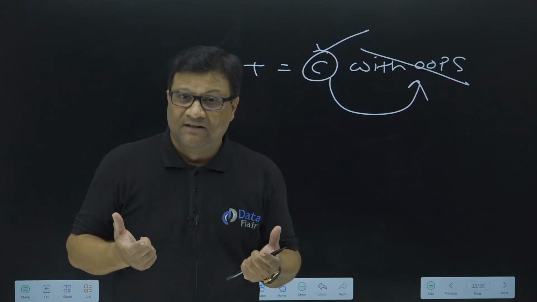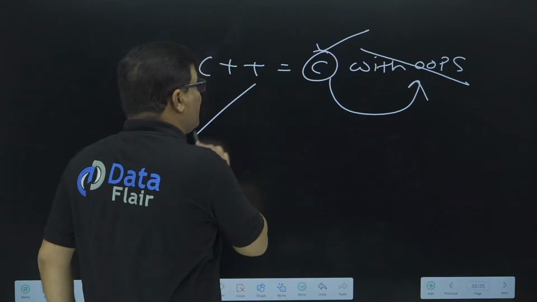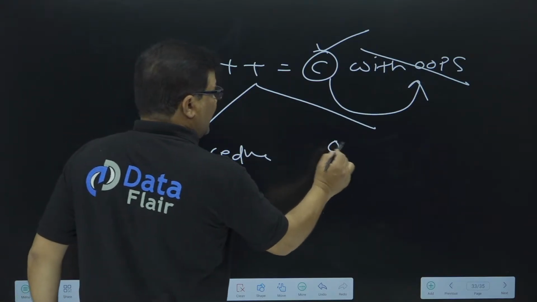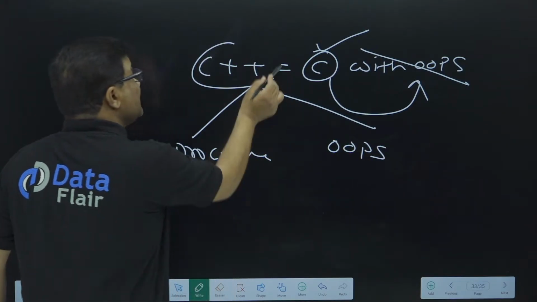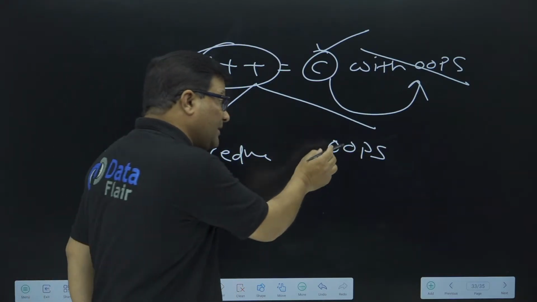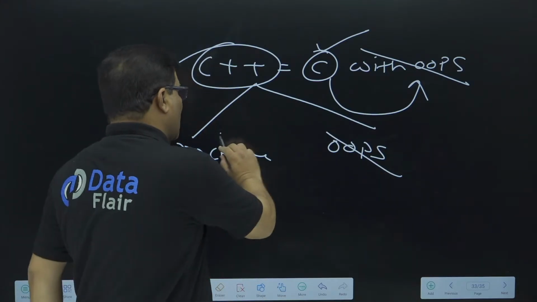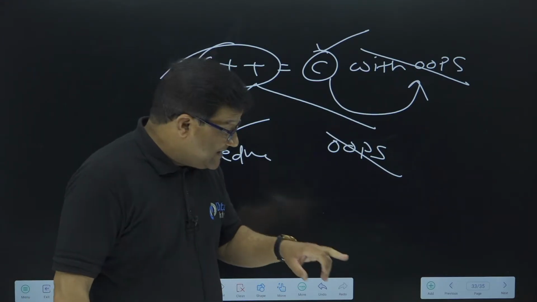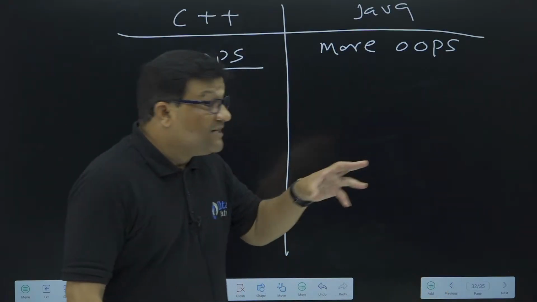C++ supports both types of programming, procedural as well as object oriented. That's why we say that C++ is partially object oriented. Without object oriented thought, you can do programming in C++ with the procedure oriented concept. So that is the major difference between C++ and Java.